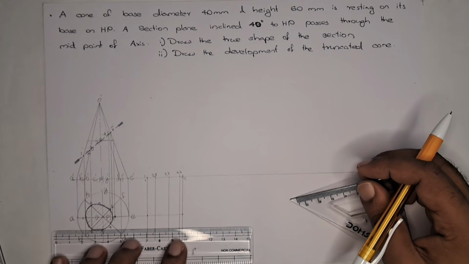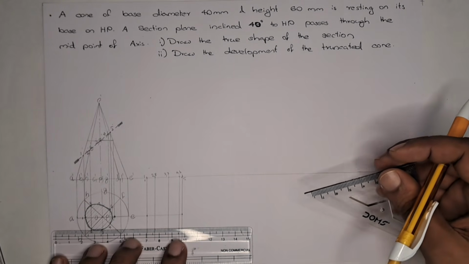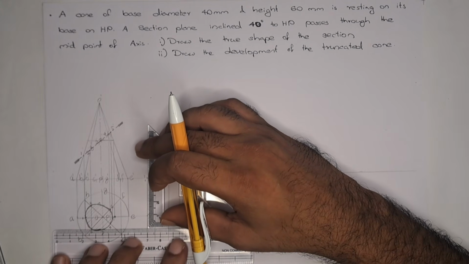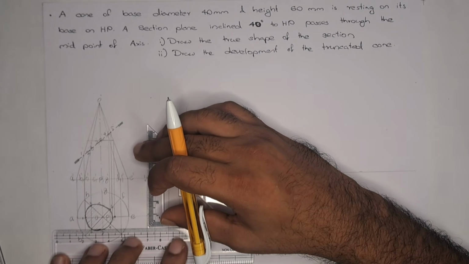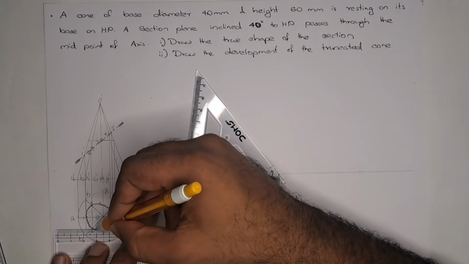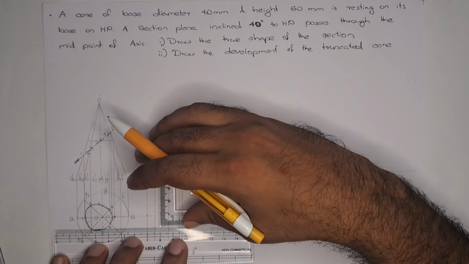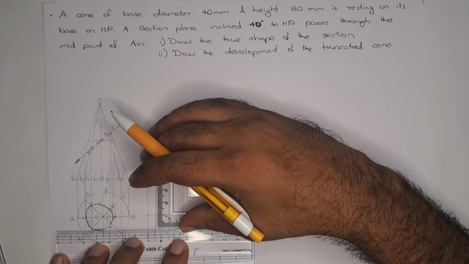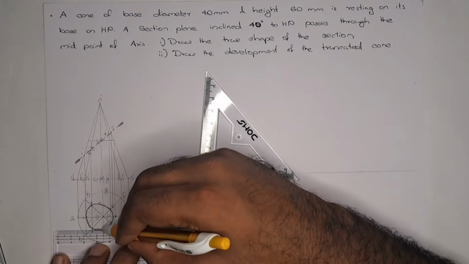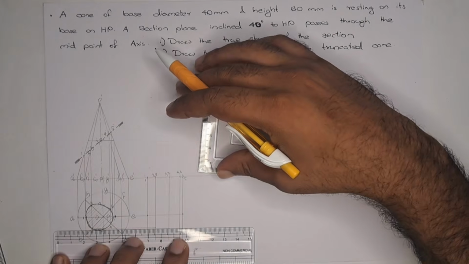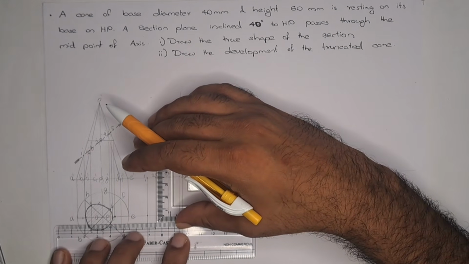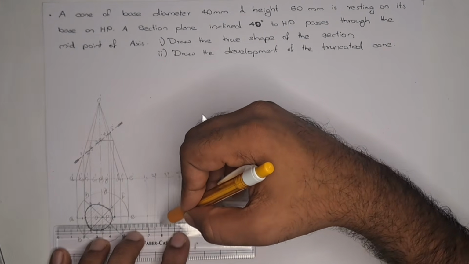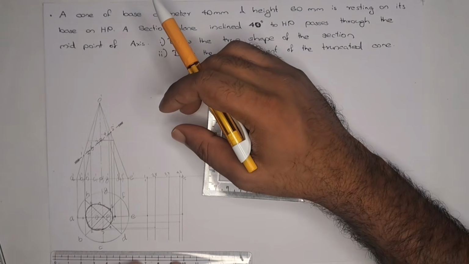Now we need to mark the 2, 2 here, then 3, 3 here, 4, 4 over here, and 5 we already marked.